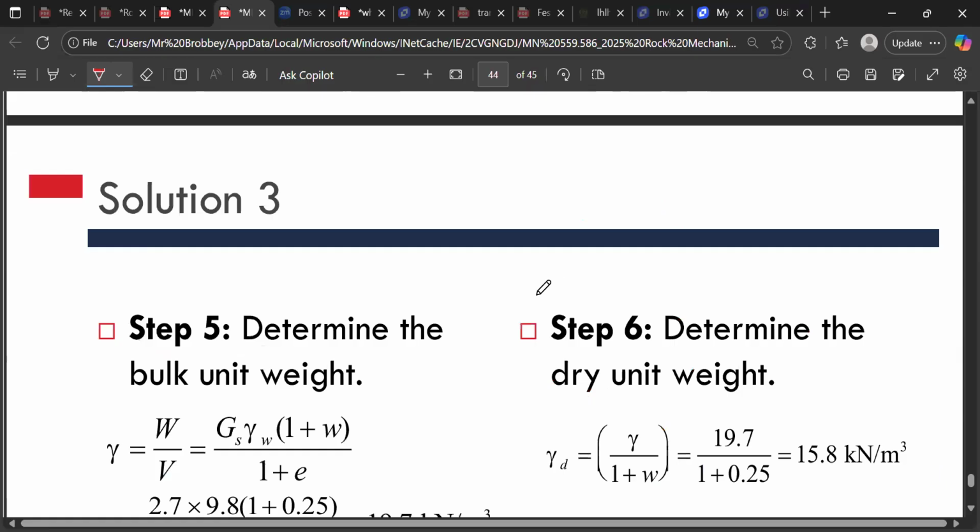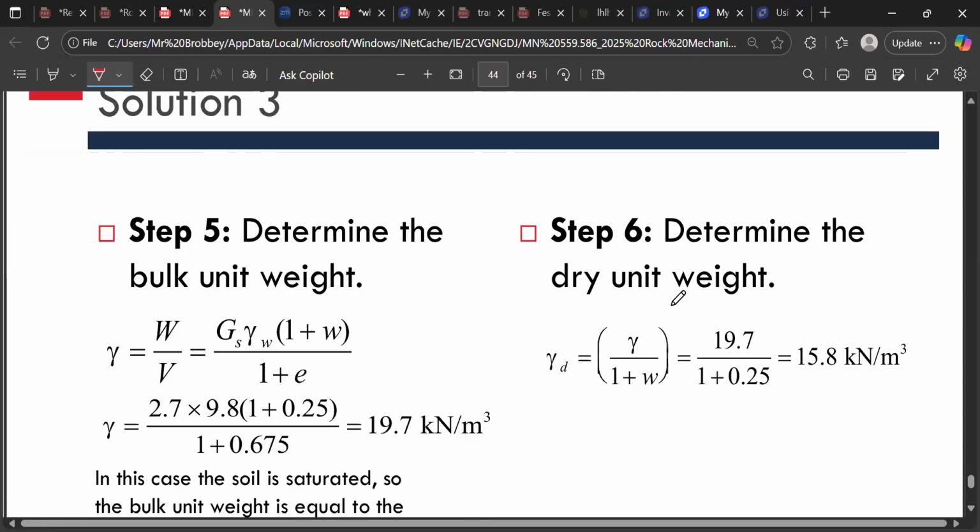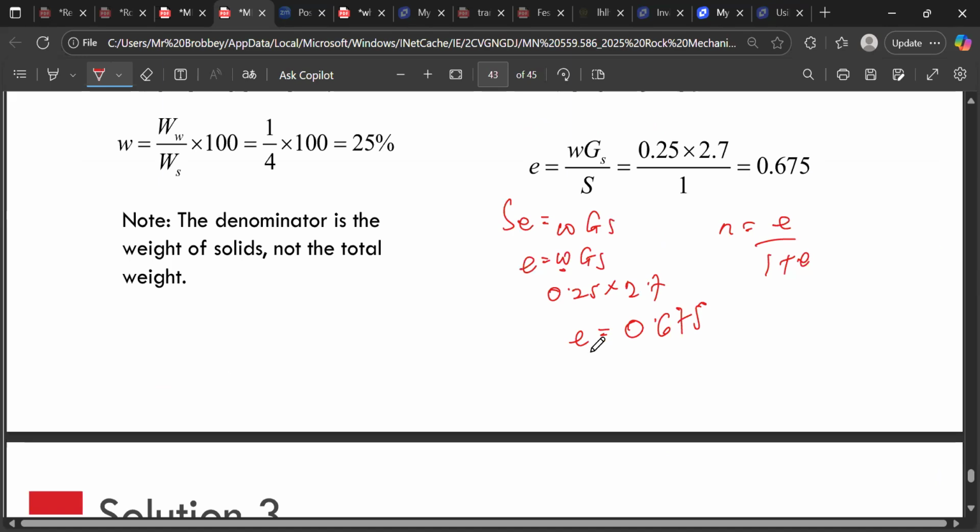Now, the next thing is determine the bulk unit weight. Since I have E here, I can go with all the formulas that have E that can find the bulk unit weight, right?